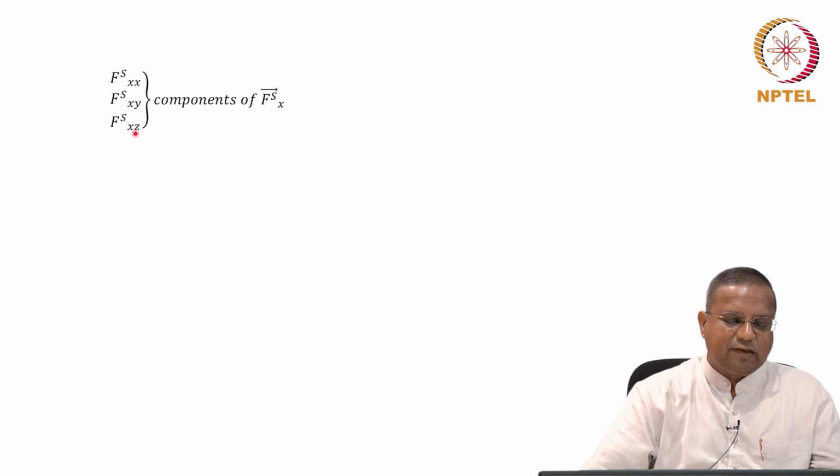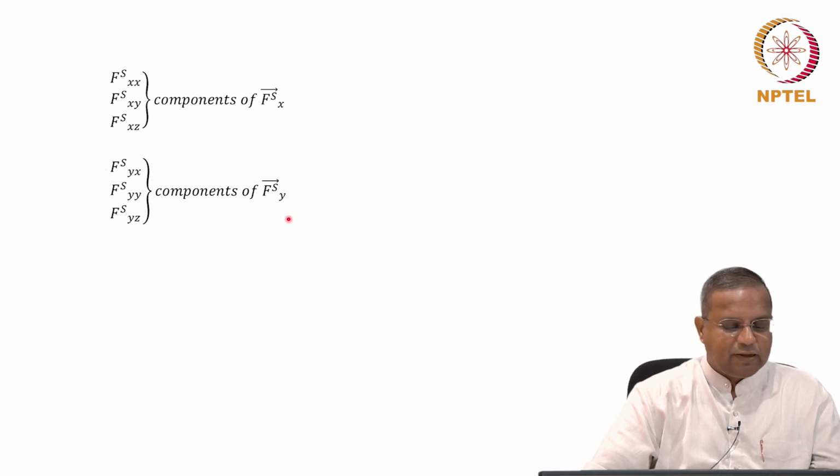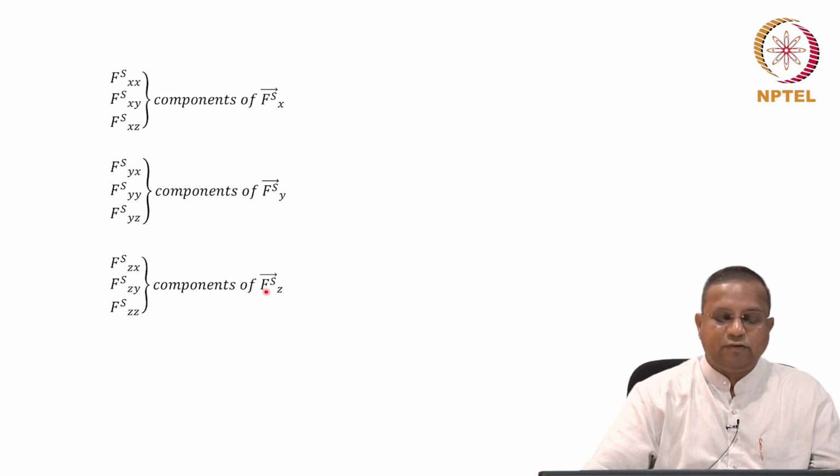Fsxz is the z component of the surface force on the face at x. So these are the components of Fsx. Similarly, the components of Fsy are Fsyx, Fsyy, Fsyz, and the components of Fsz, the surface force on the face at z, are Fszx, Fszy, Fszz.